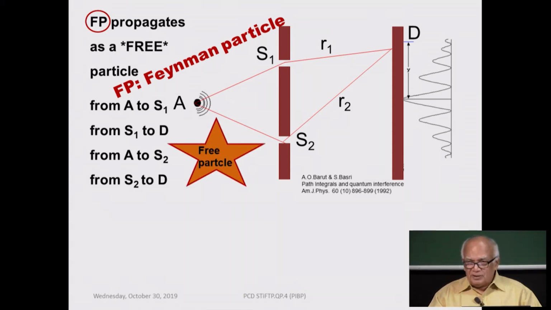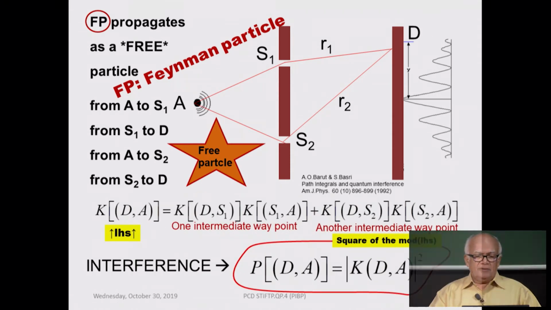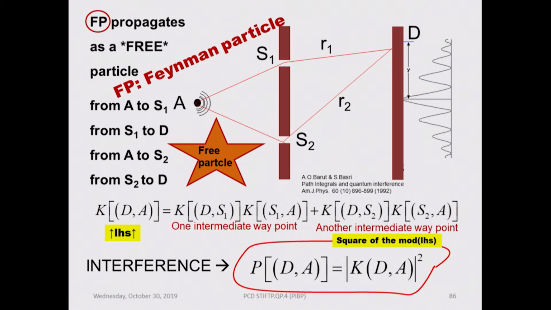In between, its travel is described by that of a free particle, which is also Fp. Okay. So a free particle is Fp, a Feynman particle is Fp, and this probability amplitude must be added from A to S1 and S1 to D, and then from A to S2 and S2 to D. So you add up these two probability amplitudes, okay.